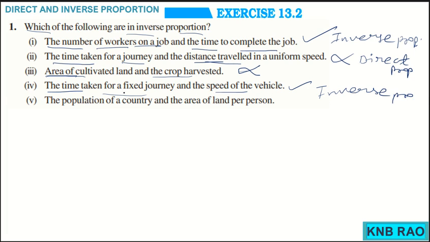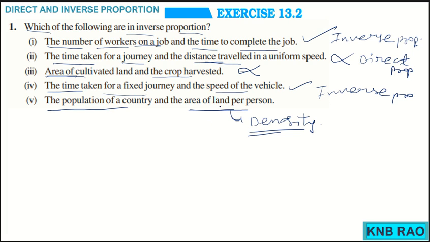Coming to the fifth one, the population of a country and the area of land per person. Area of land per person is called density. More the area you have and fewer the number of people, definitely the density is less.